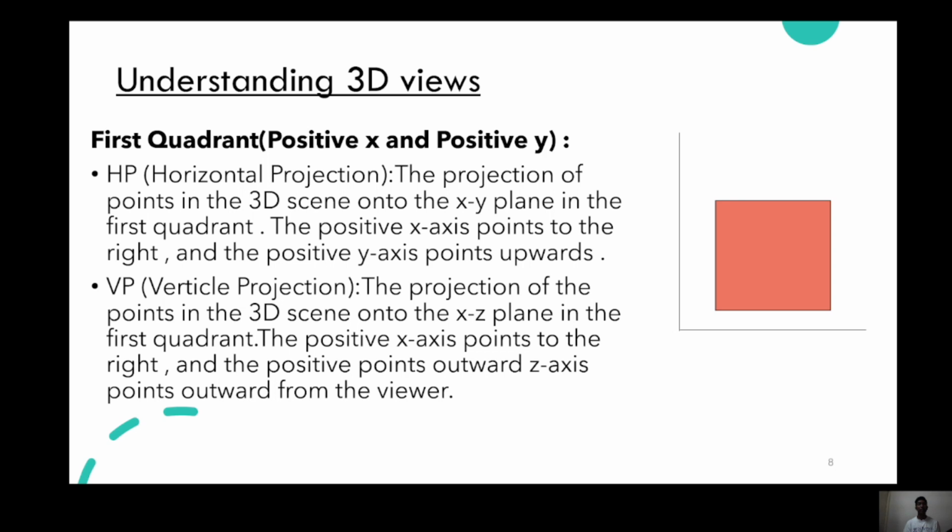In vertical projection, the projection of points in the 3D scene onto the zx plane in the first quadrant, the positive x-axis points to the right and the positive z-axis points outward from the viewer.